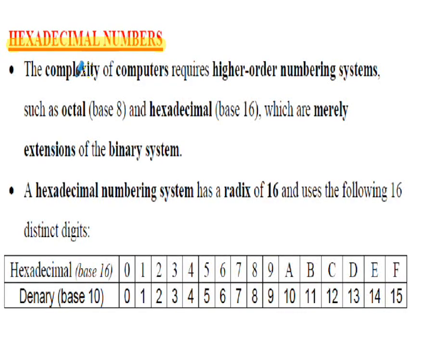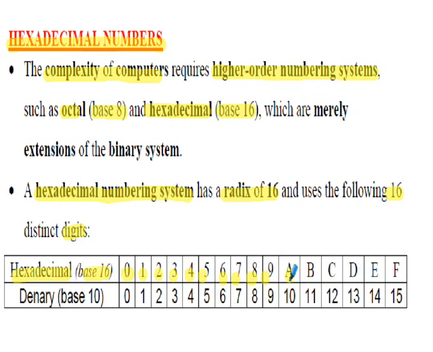Hexadecimal numbers. Due to the complexity of computers, we require higher order numbering systems such as octal, base 8 we've already looked at, and hexadecimal, base 16 we're about to look at. The hexadecimal numbering system has a radix of 16 and uses the following 16 digits. So in hexadecimal, base 16, we have 0, 1, 2, 3, 4, 5, 6, 7, 8, 9, which equate to the same in the denary system.